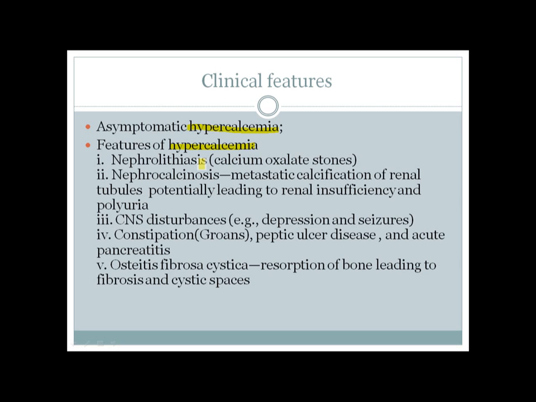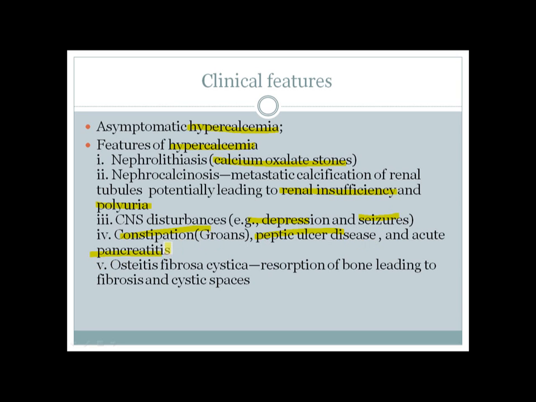Commonly it forms calcium oxalate stones, which is called nephrolithiasis. It can deposit in the renal tubules, potentially causing renal insufficiency and polyuria. It can deposit in the brain, causing depression and maybe seizures. It can cause constipation, peptic ulcer disease, and acute pancreatitis.